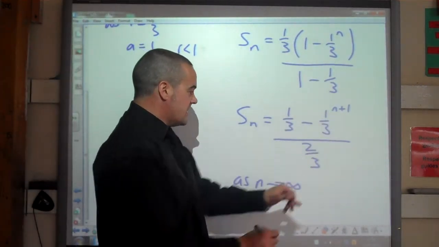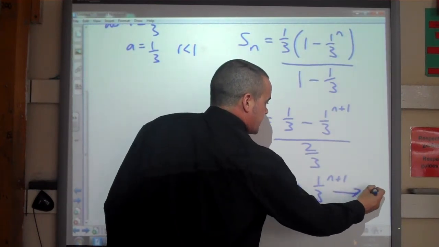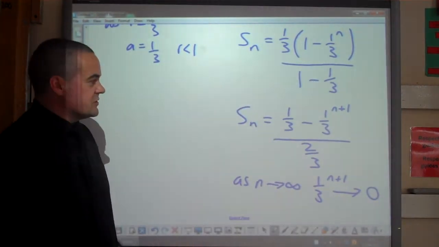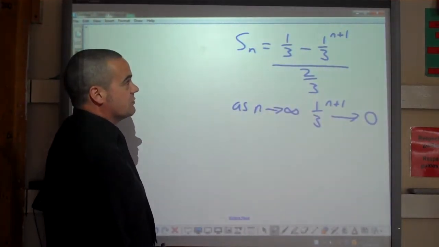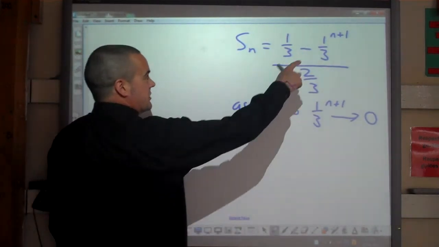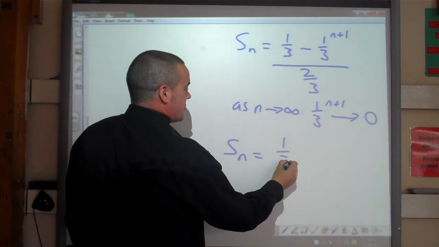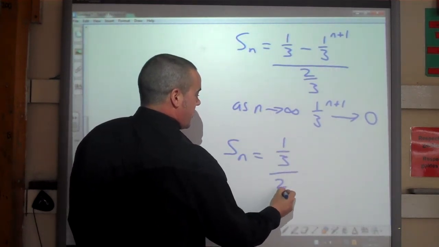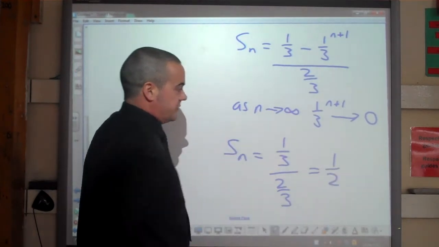This value here, a third to the n plus 1, is going to tend to 0. It's going to get closer and closer to 0. So I'm just going to say that that is equal to 0, because by the time I've got to infinity, that's going to be equal to 0. So S infinity is just going to be equal to a third divided by 2/3, which happens to equal a half.